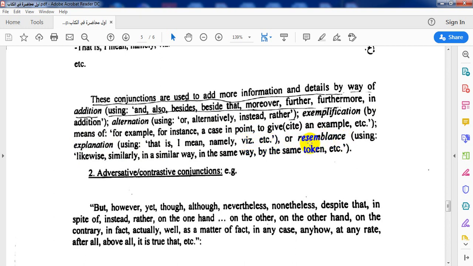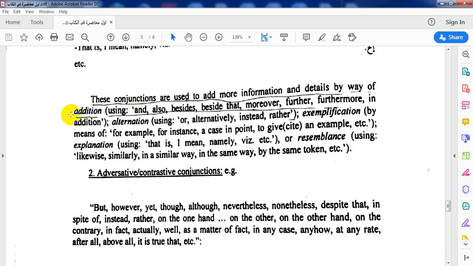Or resemblance or similarity, التشابه, using likewise, similarly, in a similar way, in the same way, by the same token, etc. You see, resemblance.